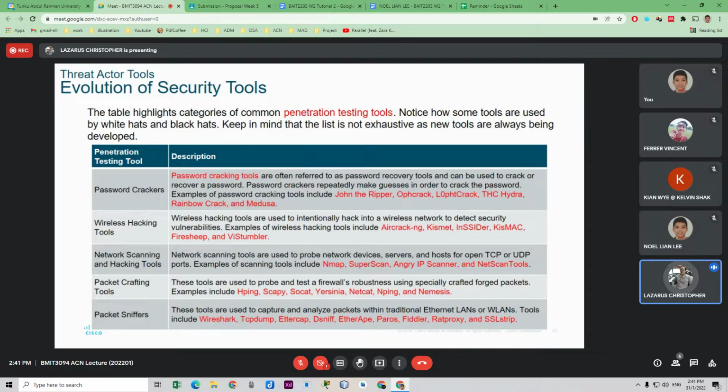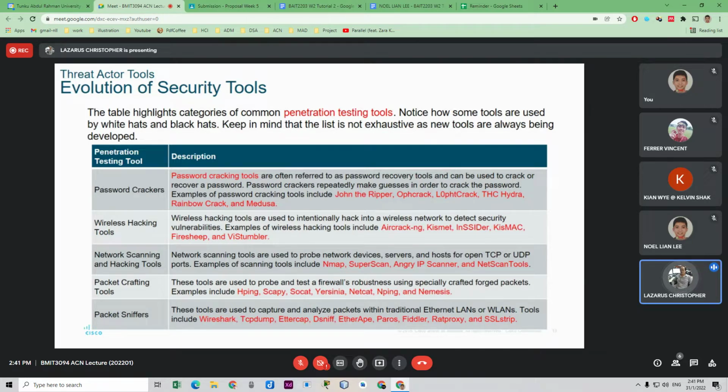Not only that, once they capture and investigate, they can then send a reply and manipulate what should be put inside the fields, right? So you can craft a forged packet. Some tools are Hping, Scapy, Cat, Netcat, Nping, Nemesis. All these tools are available online, right?